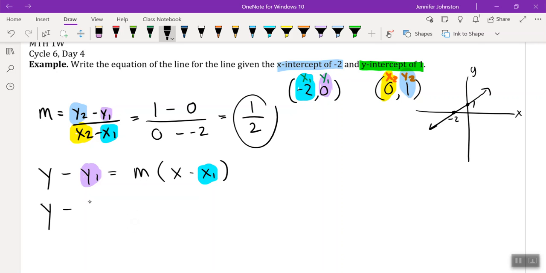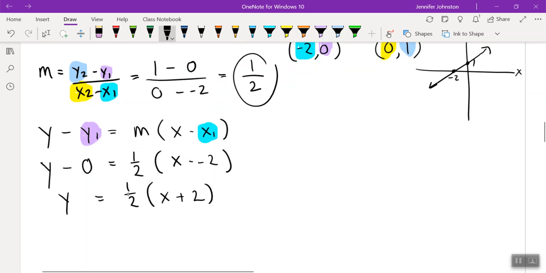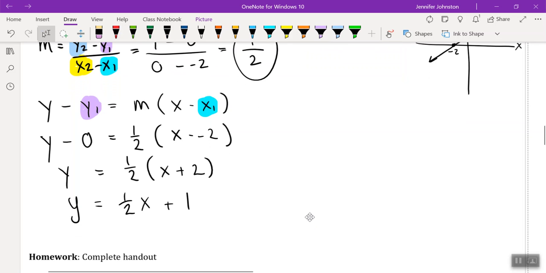Okay, so y minus 0 is equal to a half times x minus negative 2. So we get y equals, that 0 is gone, because it's minus 0. And the last thing we have to do is distribute: a half x plus a half of 2, which is 1. All right, that's our last equation. You can go ahead and complete the handout for the homework.